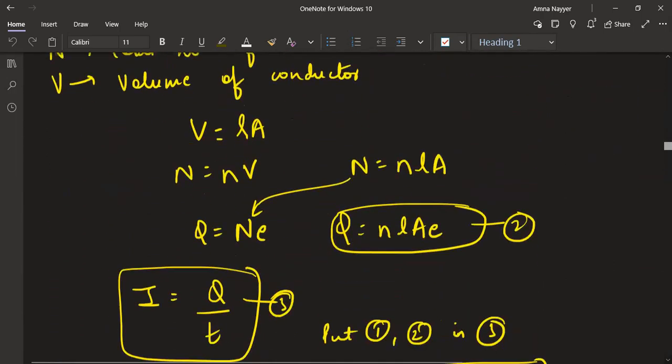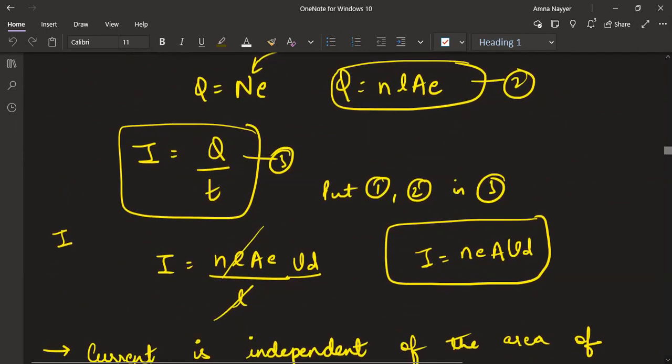This is a very, very important class, with a lot of chances of coming in the exam. So please see the derivation once in the notes, because if I discuss every point of the derivation, then your syllabus will not be completed. So I is equal to n e A v_d, where n is the number density of electrons, e is the electronic charge, that is 1.6 into 10 to the power minus 19.